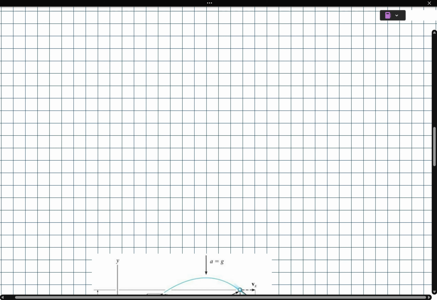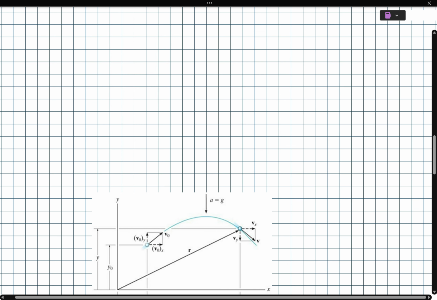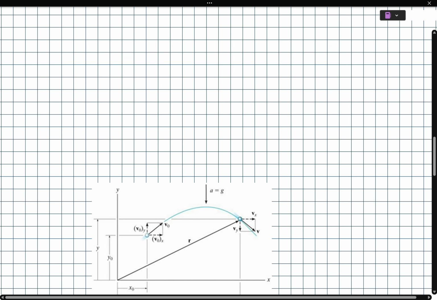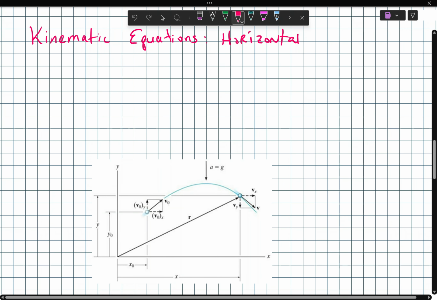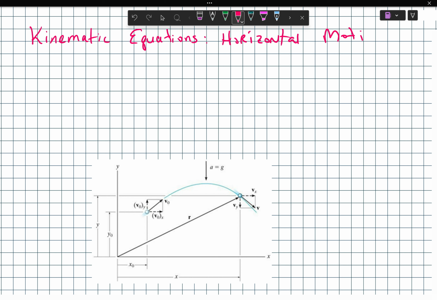Next is kinematic equations, horizontal motion.